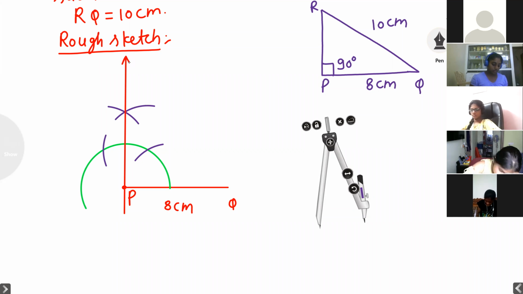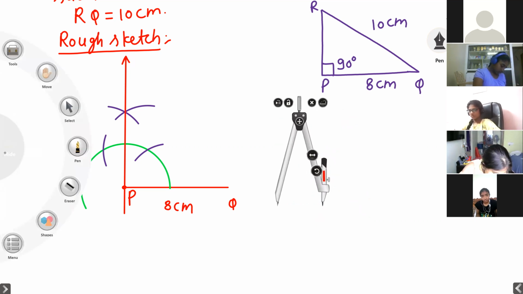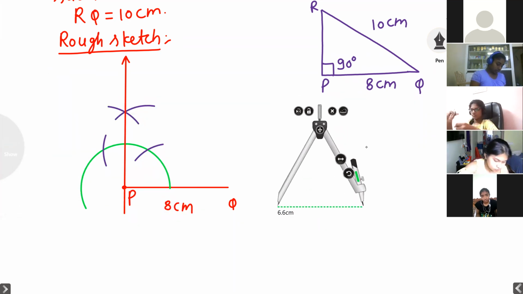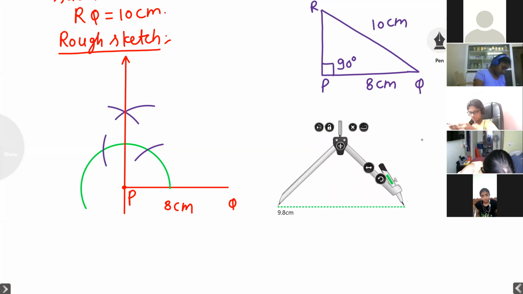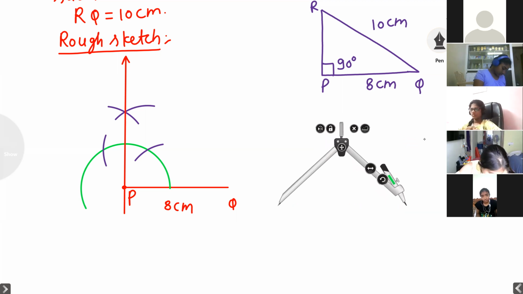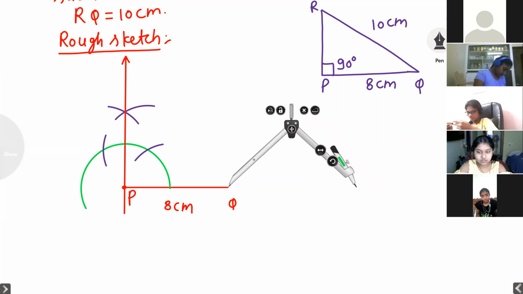After that, RQ length is 10 centimeter. Means I want to take an arc of radius 10 centimeter. I want to keep my metal point at point Q. Very big arc will come.